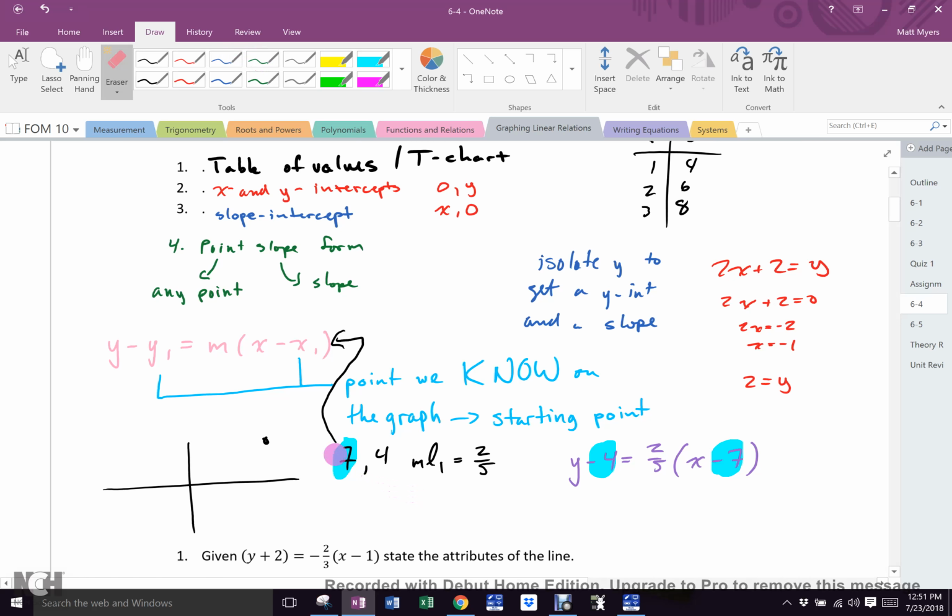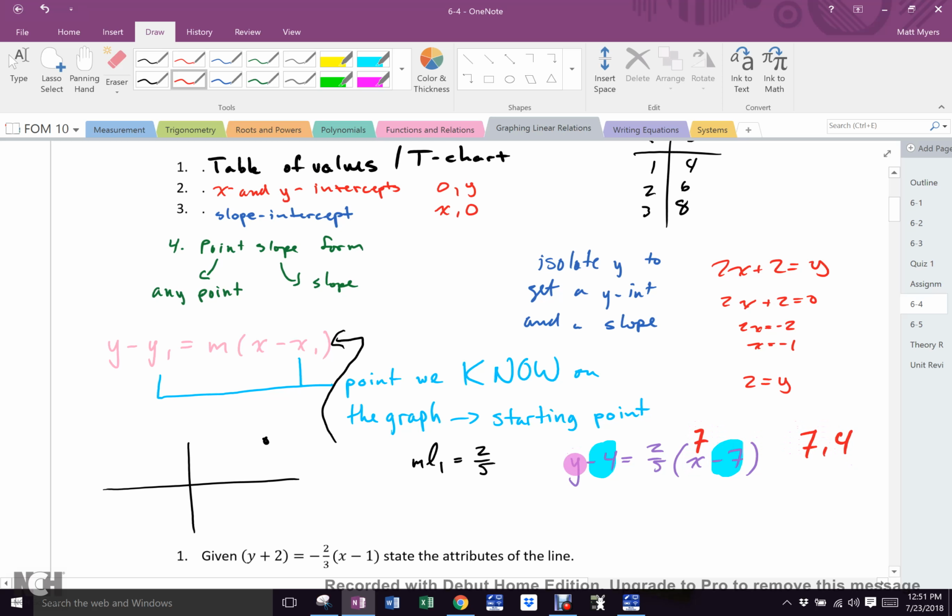Okay, so now this is the reason for it. If you did not know this was the starting point, you then just have these coordinates, 7, 4, don't you? Is that 7 an x? Yes, what letter is that? x, so what would I write there? 7. Is that 4 a y?